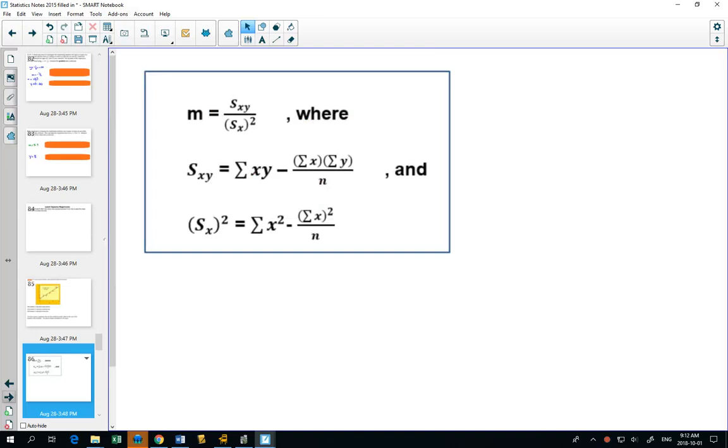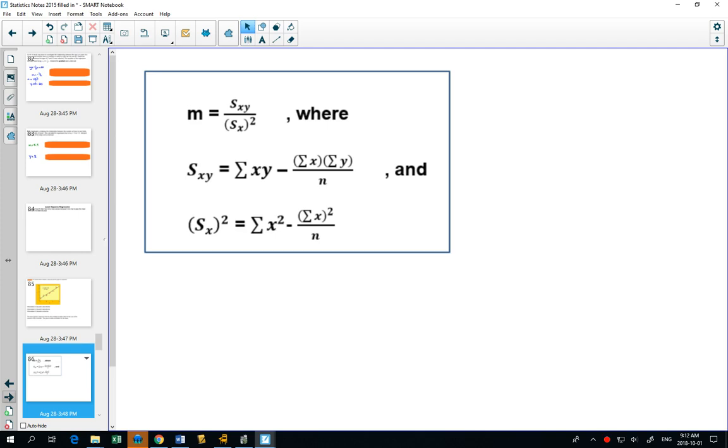So here are some crazy complicated formulas. The thing to be positive about when you're looking at these formulas is that we are going to be using our calculator. But sometimes before you get to your calculator, it's nice to see everything that comes out.